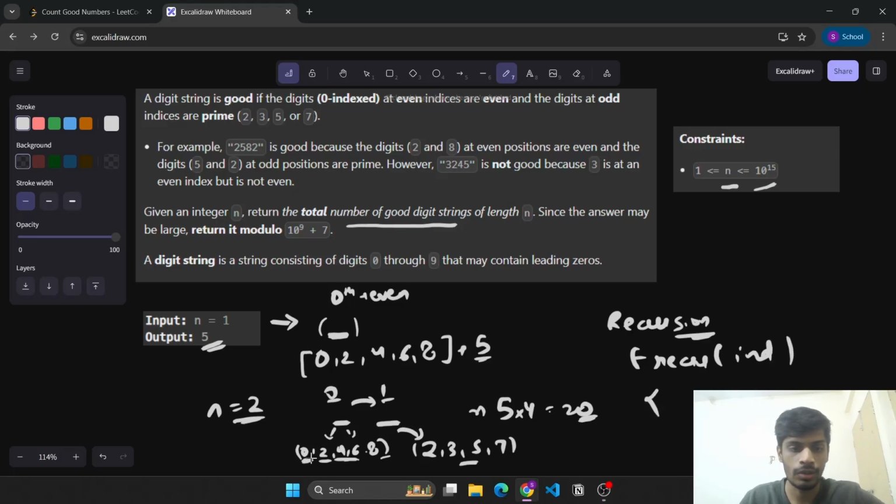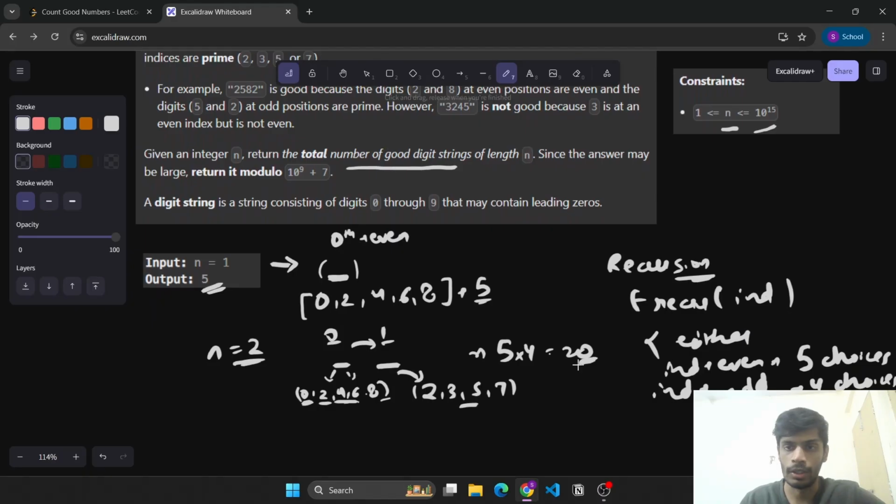At a given index we will try all choices. If the index is even, we have 5 choices, and if the index is odd, we have 4 choices, and then we will call the recursive function again for index plus 1 and so on.